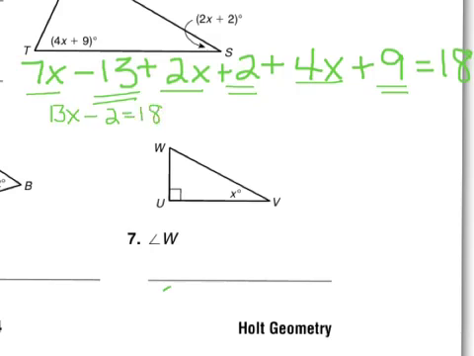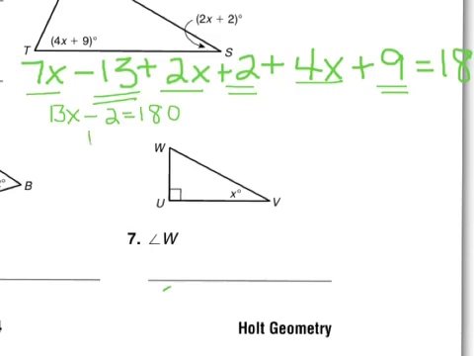All right, now that I've got this little equation, what's the next thing I'm going to do? Hunter, what do you want to do next? I'm trying to get x by itself. Minus 13 for both sides. Close. Let's not get rid of the 13. Let's get rid of the 2. Minus 2 for both sides. Except it's already a minus. Plus. Yeah, let's add the 2 to both sides.